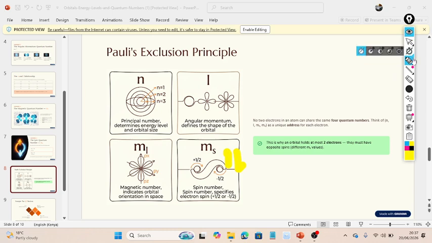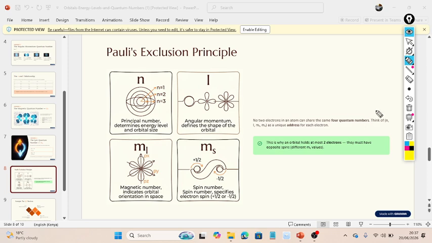And finally, the magnetic number is going to give us the orientation in space, or on the Cartesian plane, of that particular orbital.